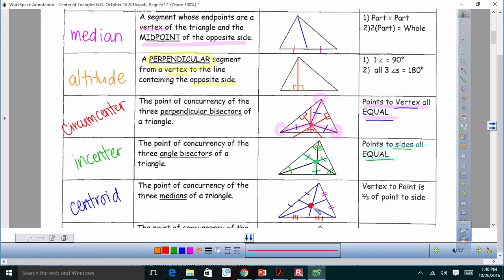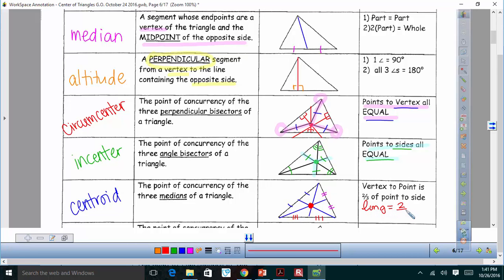And a median has a long piece, a short piece, and a whole piece when it's being intersected. So what do we know about the long piece and its relationship to the whole? It's 2/3. So I'm going to write here our generic formula.